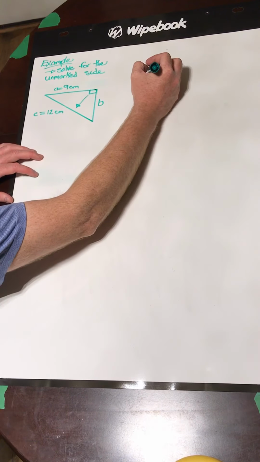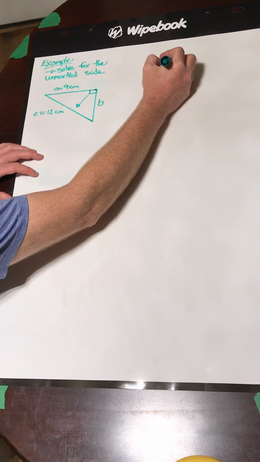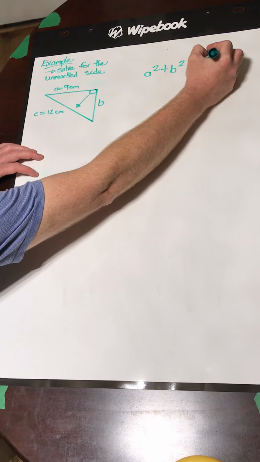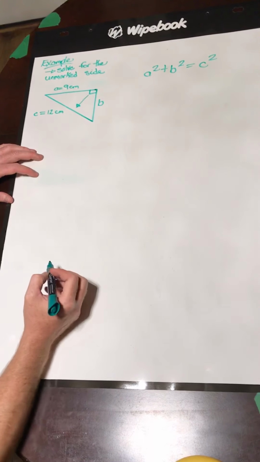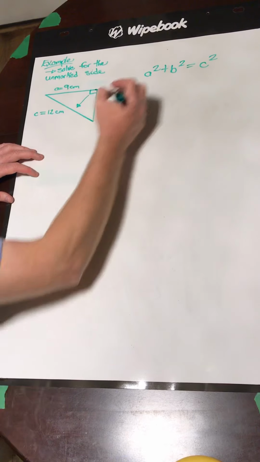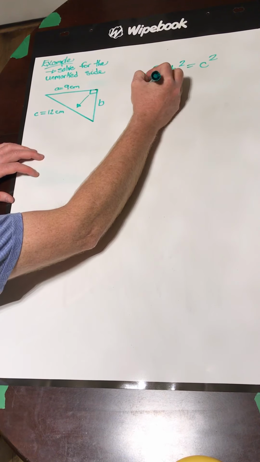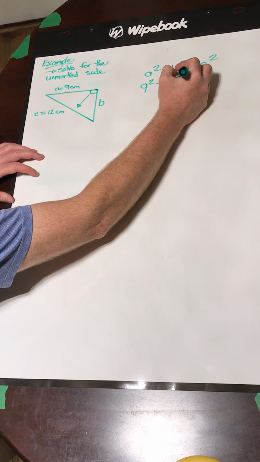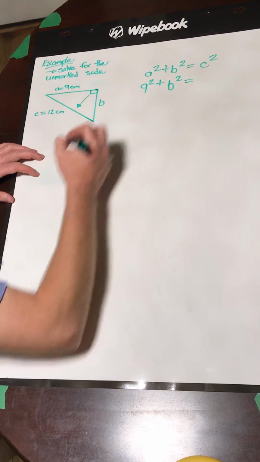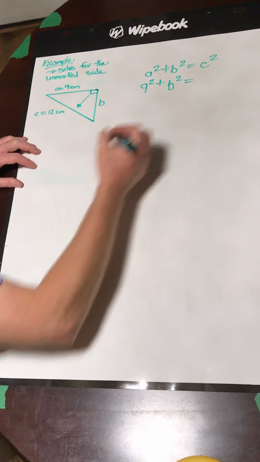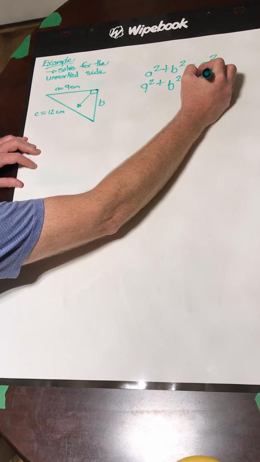So I now write Pythagorean theorem down. I substitute in for the known letters, so I know A is 9 squared plus, I don't know what B is, so I leave that as B squared is equal to, and then I know C is equal to 12 squared.